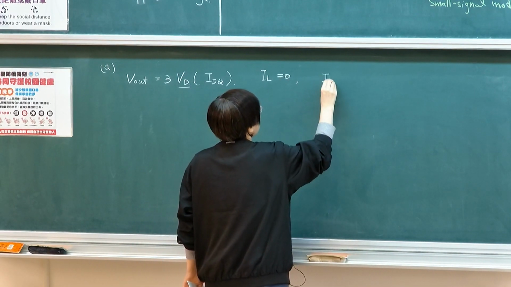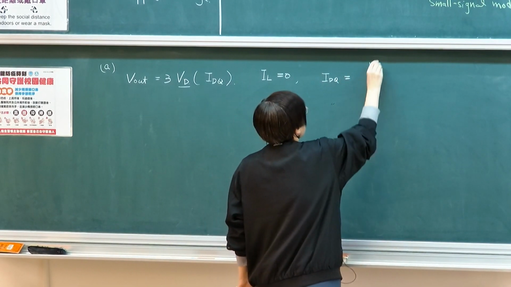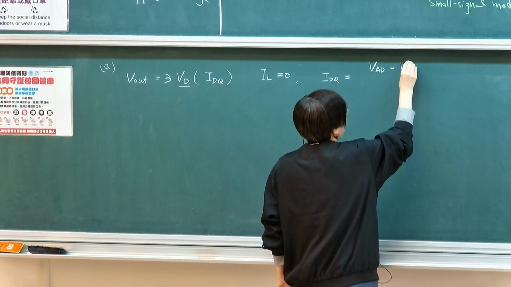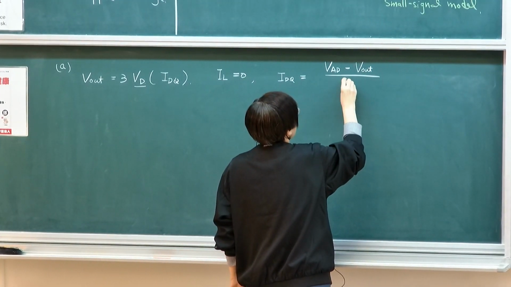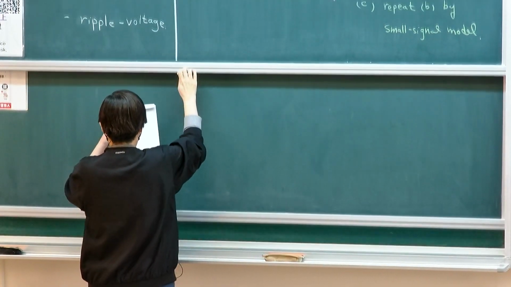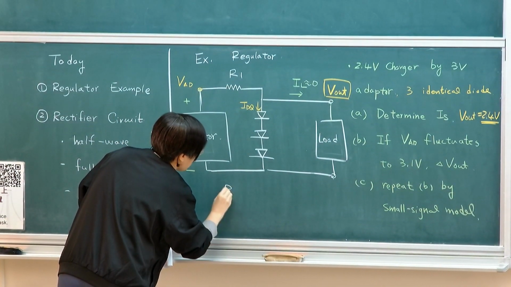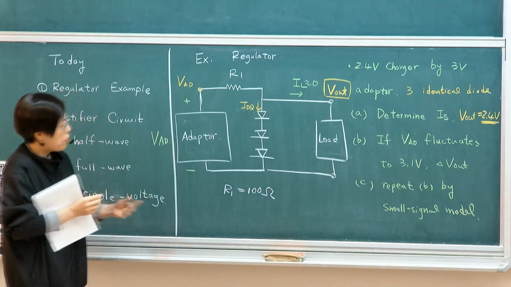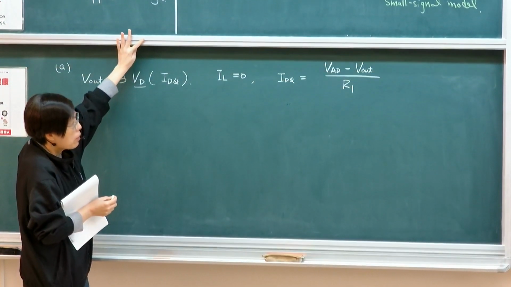So that IDQ, your quiescent current, should be VAD, and the target output is 2.4 volts, right? Divided by R1. Sorry, I forgot to give you R1. R1 here is 100 ohm. If R1 is given, we should be able to find out the current level.